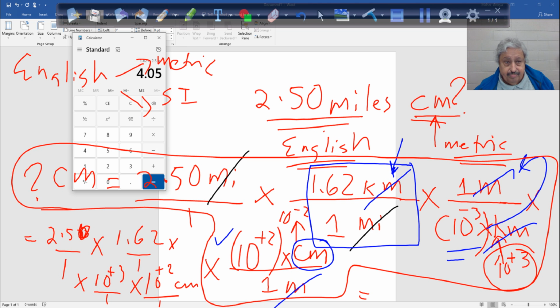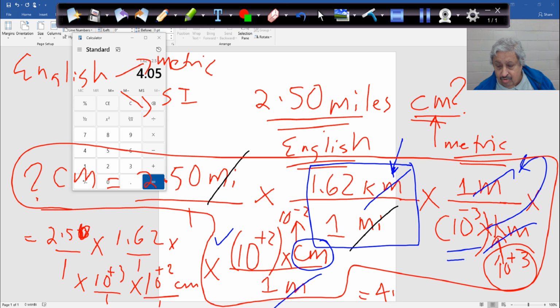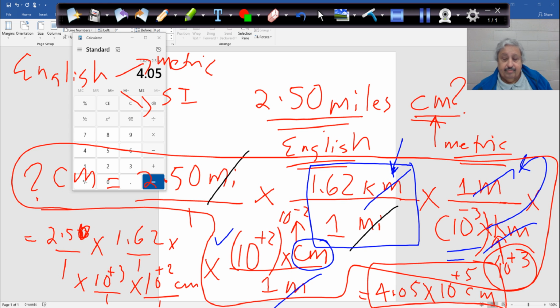So it is 405 times 10 to the power of plus 3 plus 2, which makes plus 5, correct? Centimeters. That's the answer. Everybody's following me?